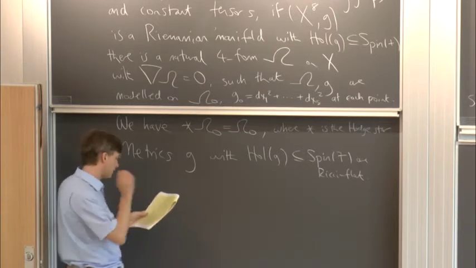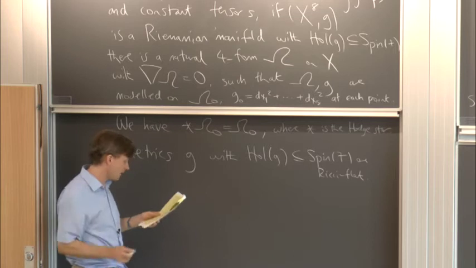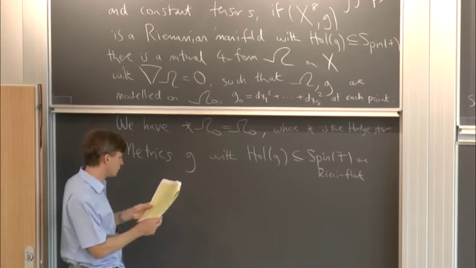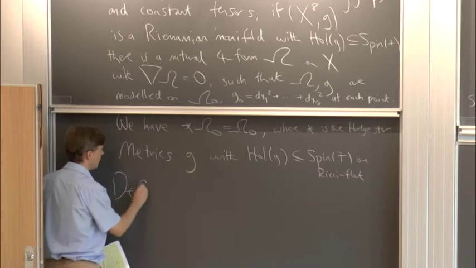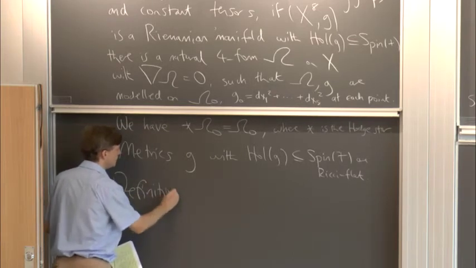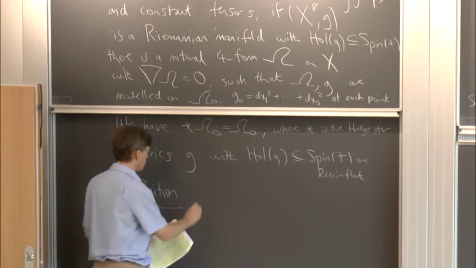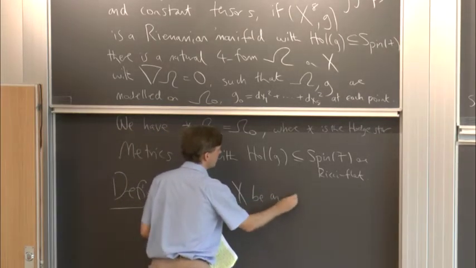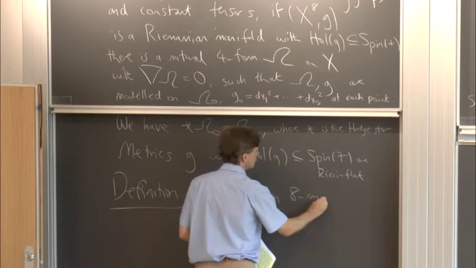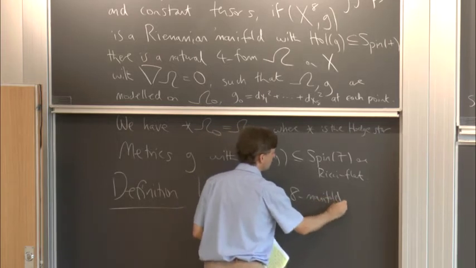Okay, so as for the G2 case, I'm going to define a notion of Spin(7) structure, which is actually an abusive notation. Let's make a definition. Let X be an 8-manifold.